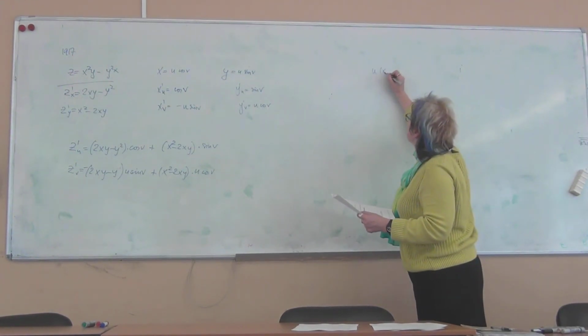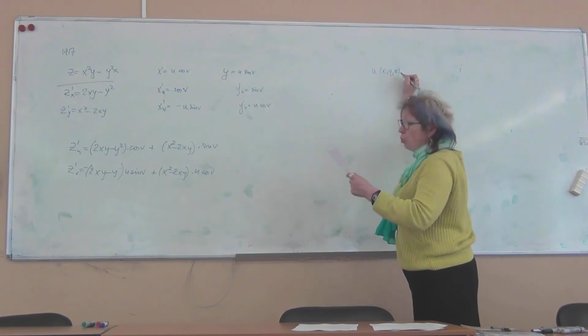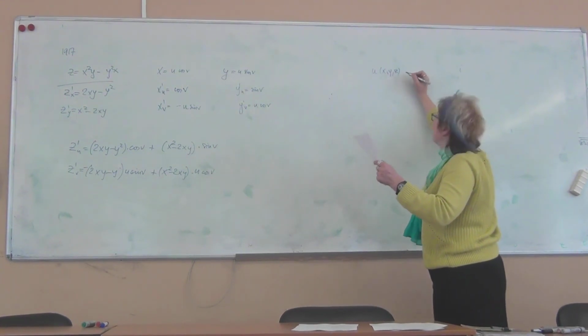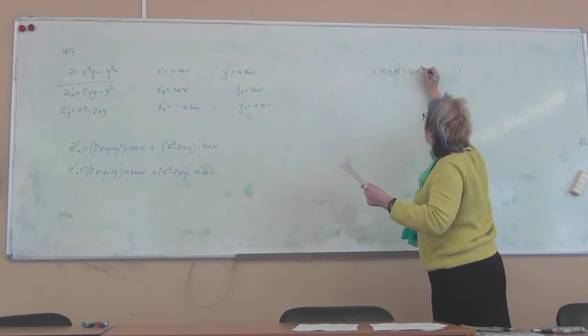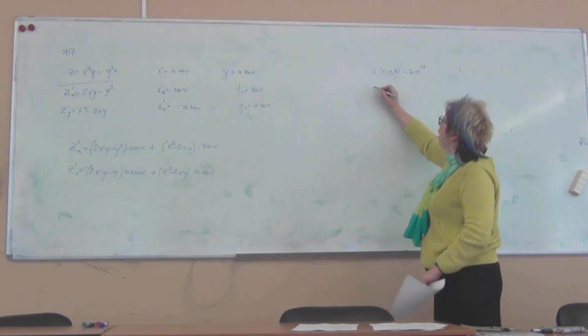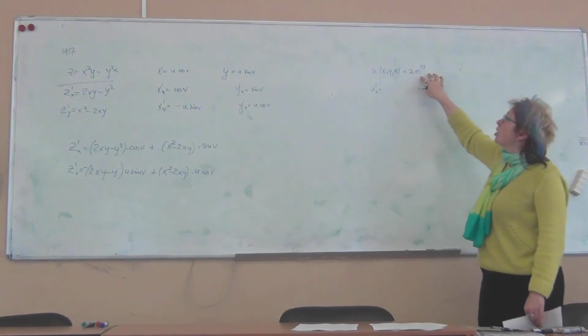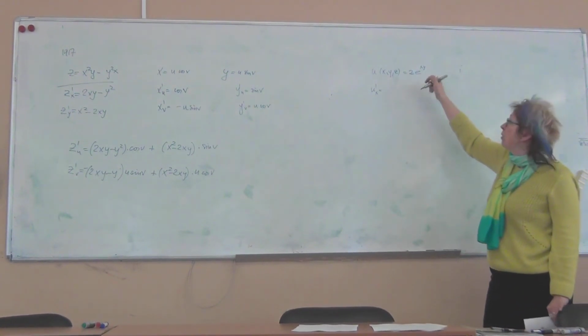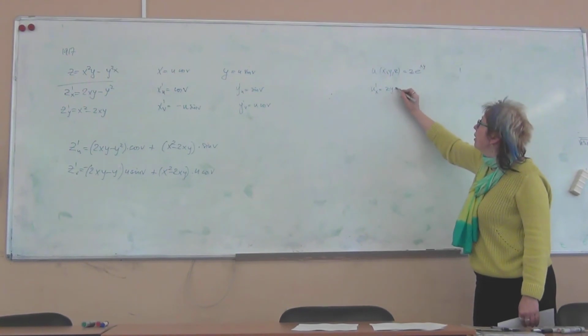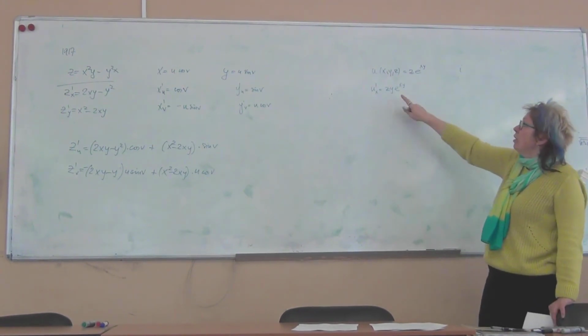So if I have this u depending on x, y, z is z times e to the power xy, then u derivative by x, the exponential function, will be z y e to the power xy.